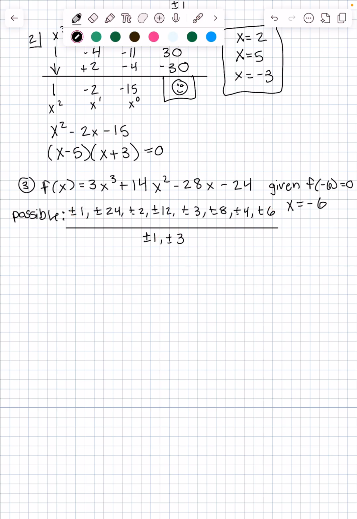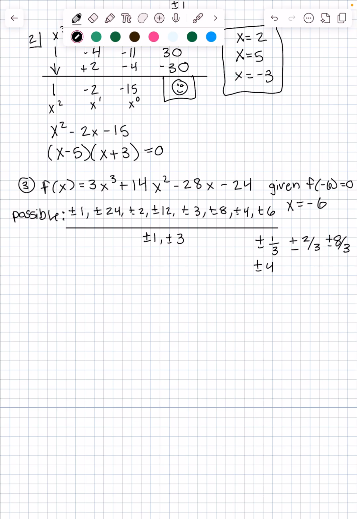So some example of what that would look like would be plus or minus 1/3. Plus or minus, well, 24 divided by 3 is 8, which we already have. So plus or minus 2/3. 12 divided by 3 is 4, so we already have that. 3 divided by 3 is 1, we already have that. But plus or minus 8/3.